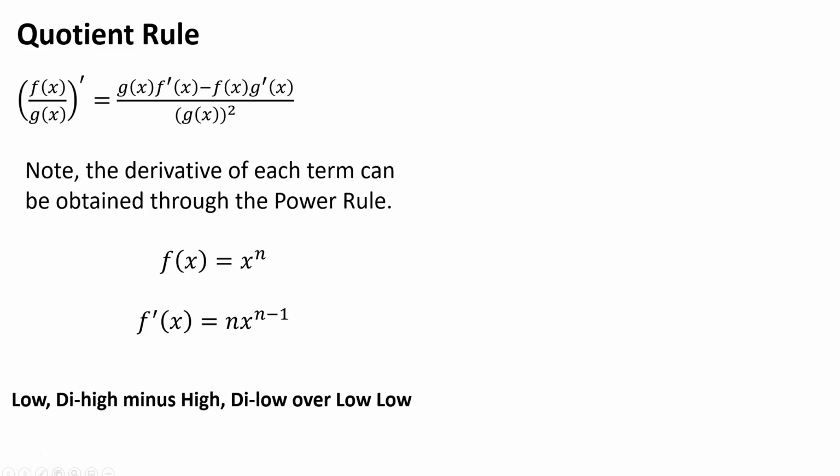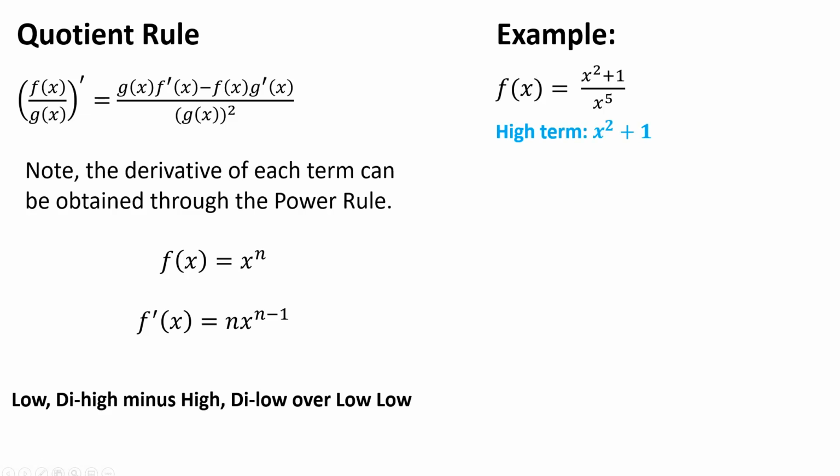So let's look at this example. And you're going to remember this mnemonic device down here at the bottom. So we got a function here: x squared plus 1 divided by x to the fifth. So let's walk through this. We know we have low d high minus high d low. We're also going to need the derivatives of both of these functions. So high is x squared plus 1.